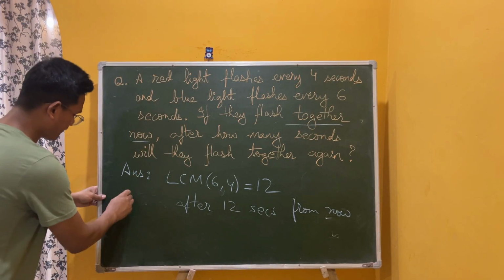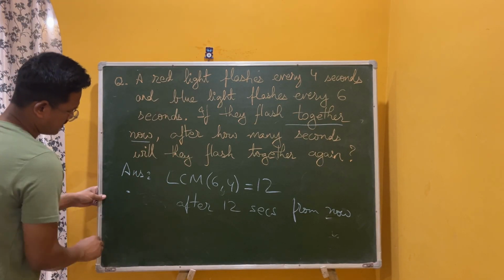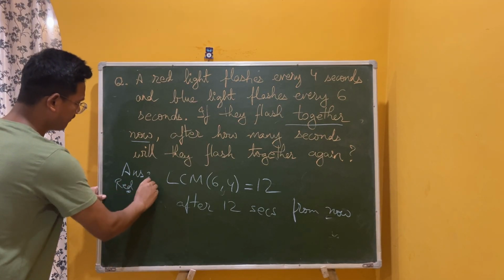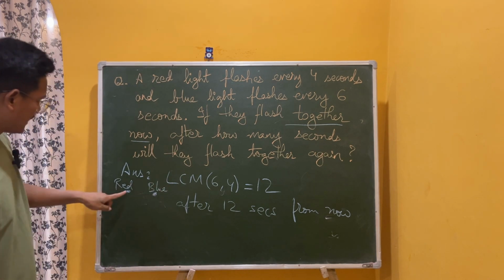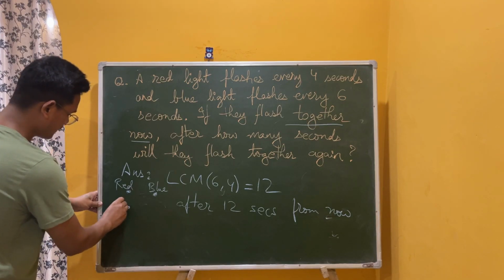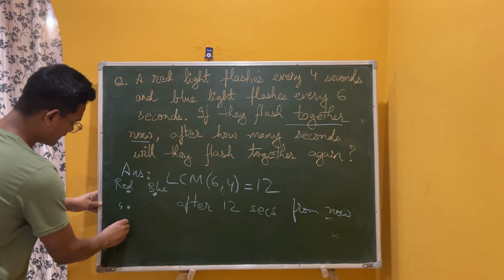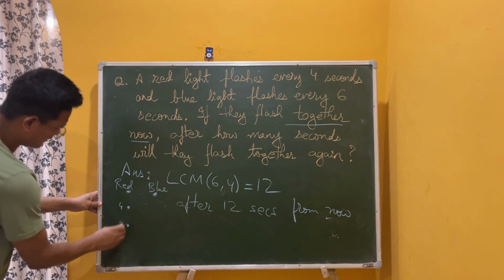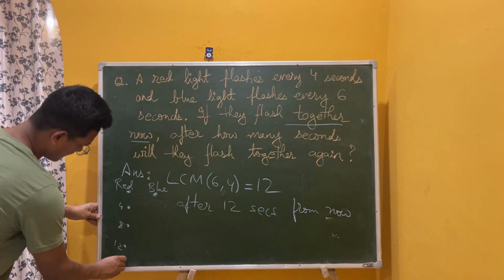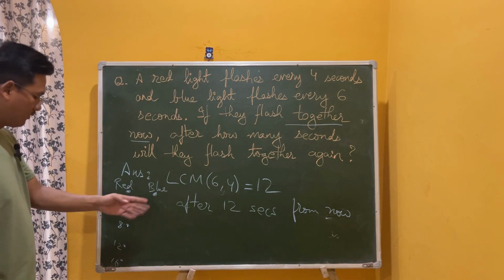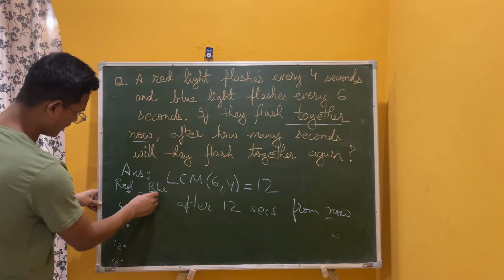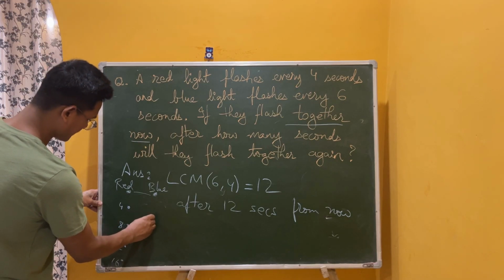Okay, you may understand it this way. This is the starting point of the red light. This is the starting point of the blue light. The red light flashes after 4 seconds, first 4 seconds, and then it will flash at 8 seconds, right, the multiples of 4. Then it will flash at 12 seconds, and 16. While the blue light, if both of them flash together, the next time the blue light is going to flash is at 6 seconds.